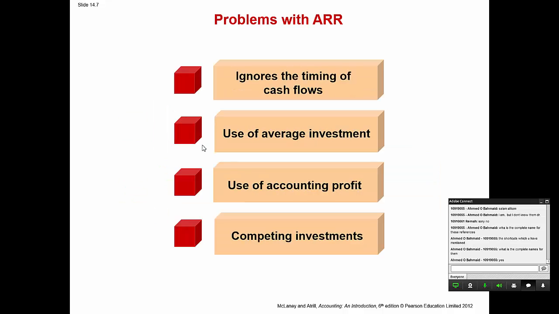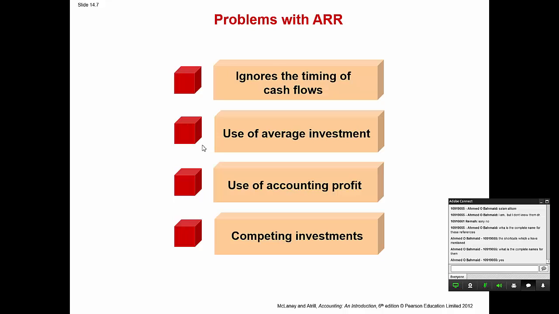These are the problems of ARR: it's ignoring the time, it's not considering the timing of cash flows, and also it's using an average investment, and using an average is not always a good decision, because sometimes the exact investment or the exact income will be more than this investment, okay?